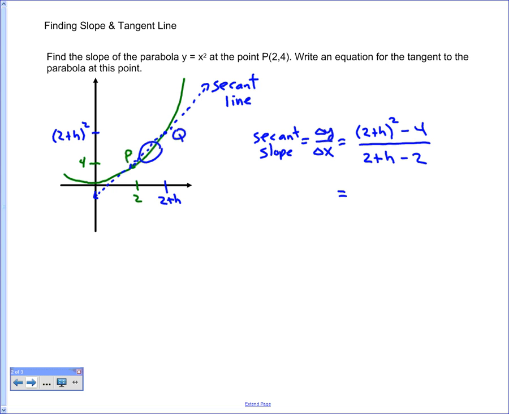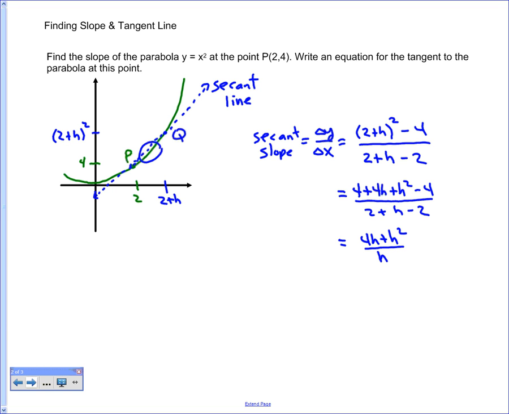If we multiply out and simplify the numerator and denominator, in the numerator, 4 minus 4 is 0, so we have 4h plus h squared.